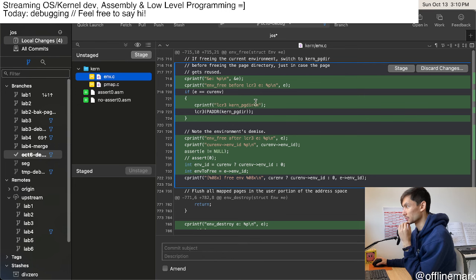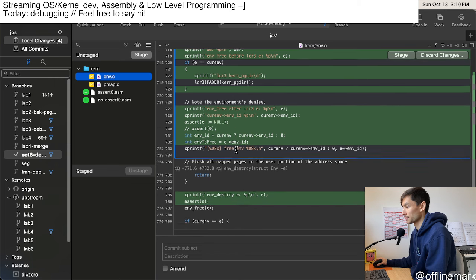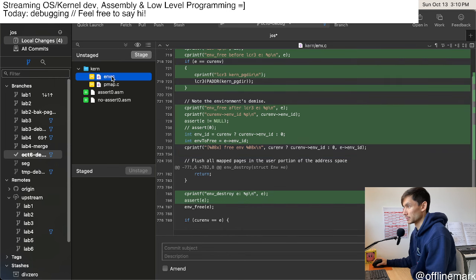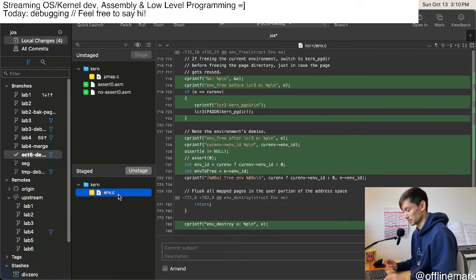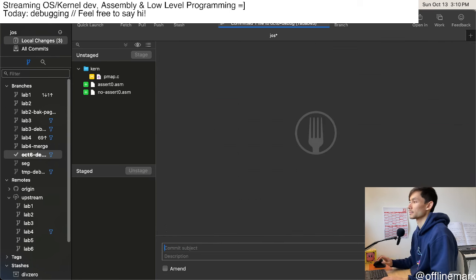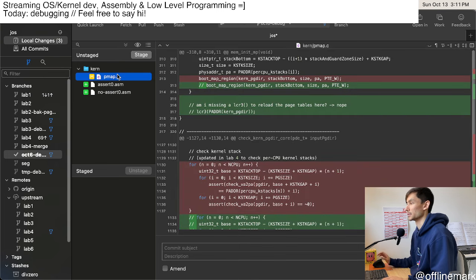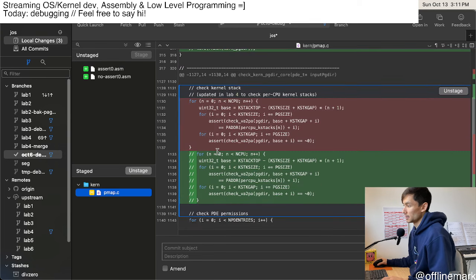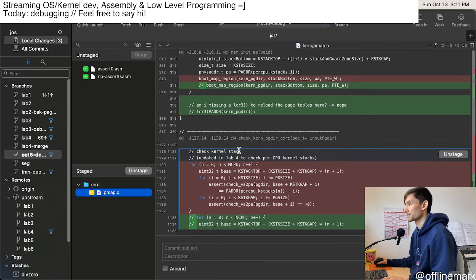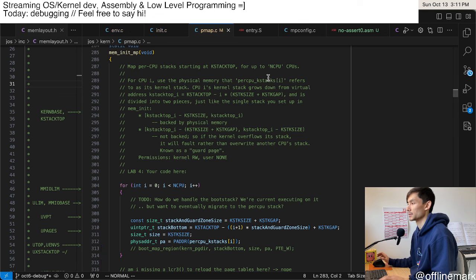This is all useful stuff to have around. I think these assertions are good. And I'm just going to commit this as a temp also. Okay, so now we're in a bit more of a clean state, and I'm just going to stage this.